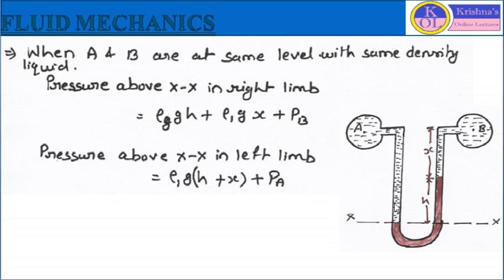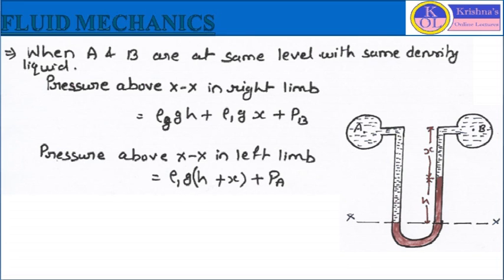Now similarly in the left limb, the pressure will be the pressure at point A, PA, plus the total distance X plus H, so it will be ρ1 G (H plus X).